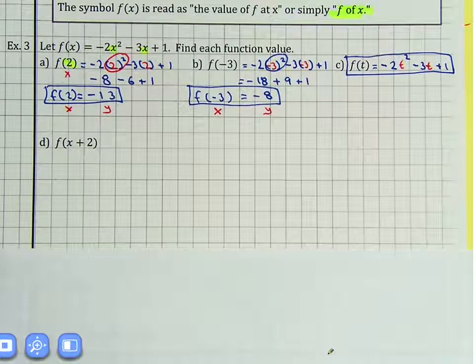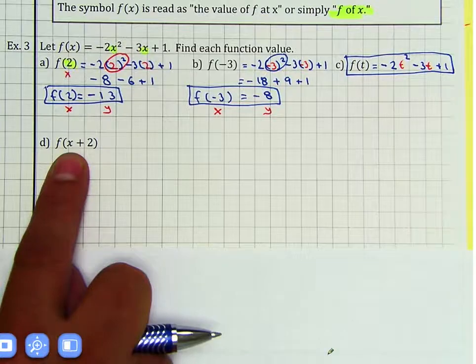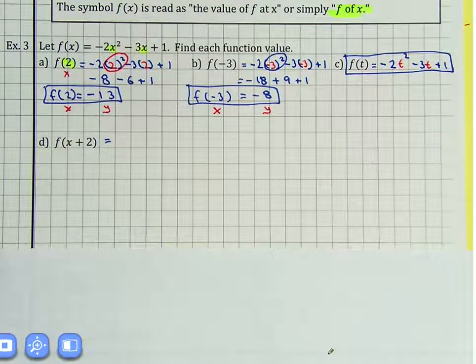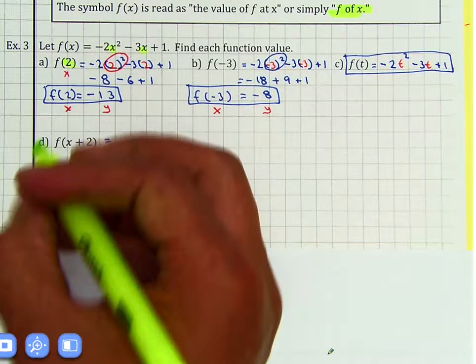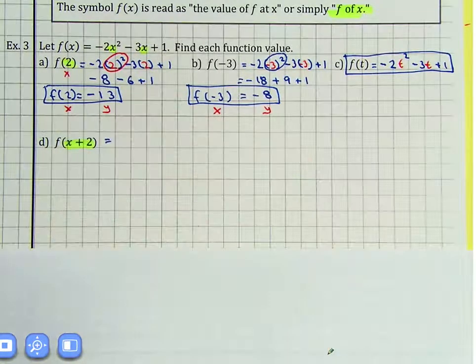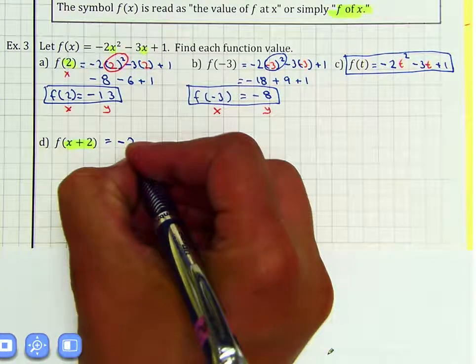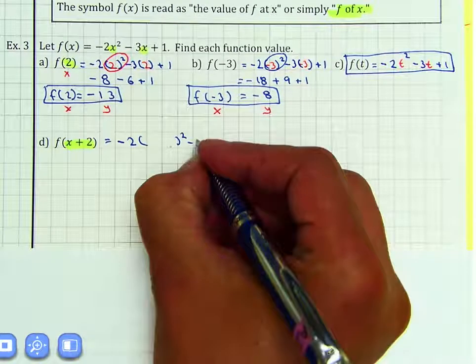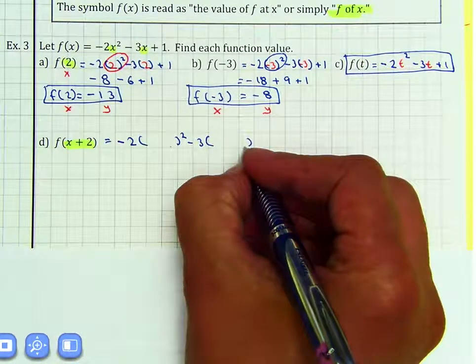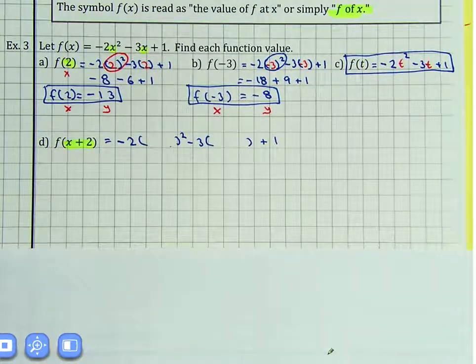For letter D, instead of each of the x, I'm going to replace it with x plus 2. So I'm going to set up first 2x squared, where this will be x plus 2, minus 3x, x plus 2, plus 1.